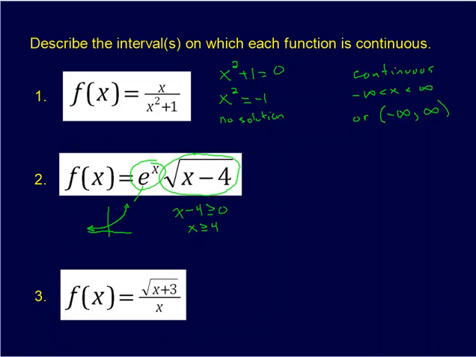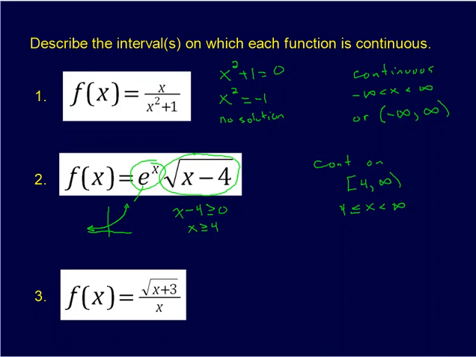And that really would become the domain of this function, and whatever the domain is, that's also where it's continuous. And so we're going to say this is continuous on the interval 4 to infinity, or we could write it like this: x is greater than or equal to 4 and less than infinity. Either way, that is the interval where it is continuous.